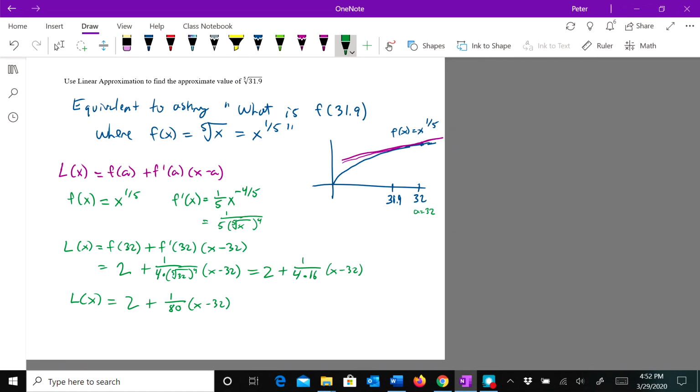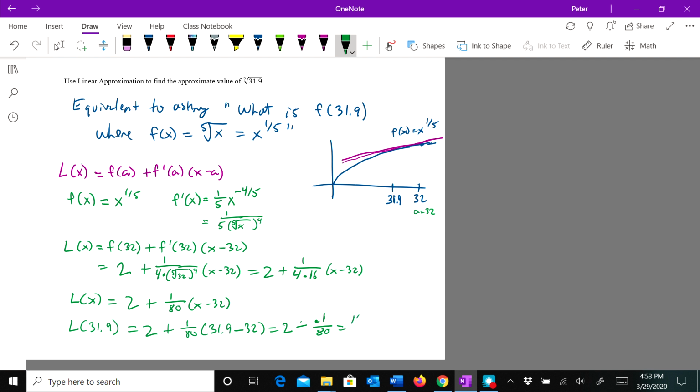We're being asked to find the approximate value of 31.9, so that gives us L of 31.9 equals 2 plus 1/80 times 31.9 minus 32, which is 2 minus 0.1/80.